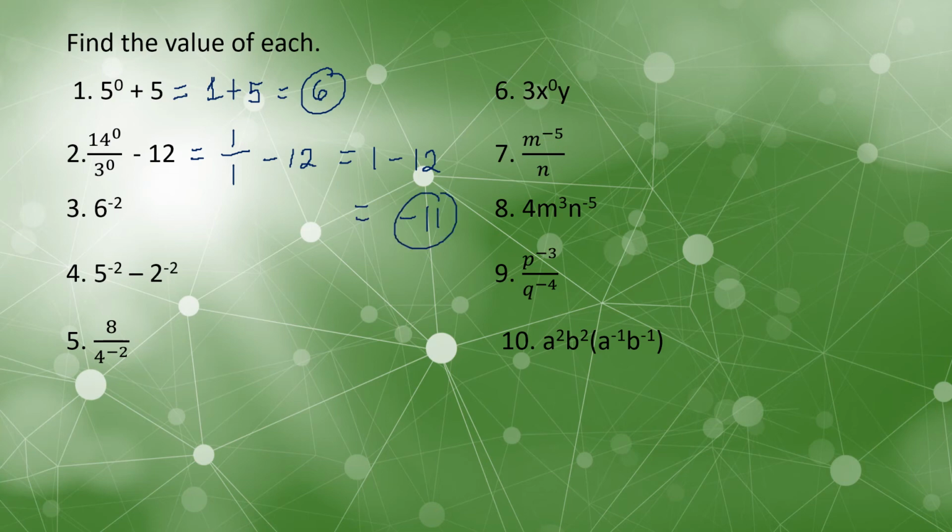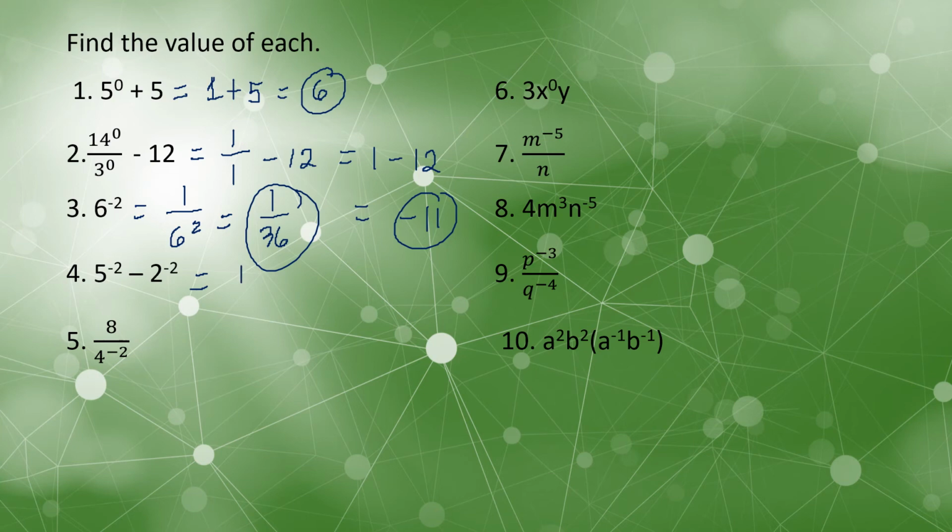Number 3, 6 raised to negative 2. This becomes 1 over 6 squared. 6 squared is equal to 36. Therefore, 6 raised to negative 2 is equal to 1 over 36. Number 4, 5 raised to negative 2 minus 2 raised to negative 2.